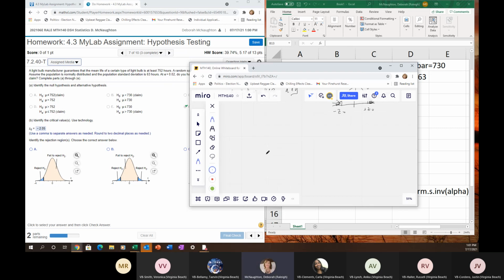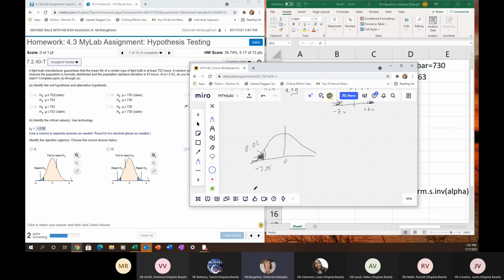Okay, so I'm going to just draw it again. So it's left tailed, and it looks like this. This area over here is 0.02. And this Z naught, we calculated it, and it was negative 2.05. And this is 0.